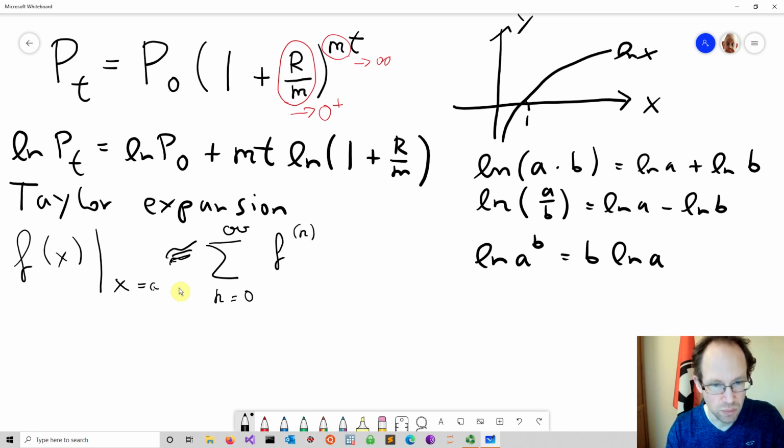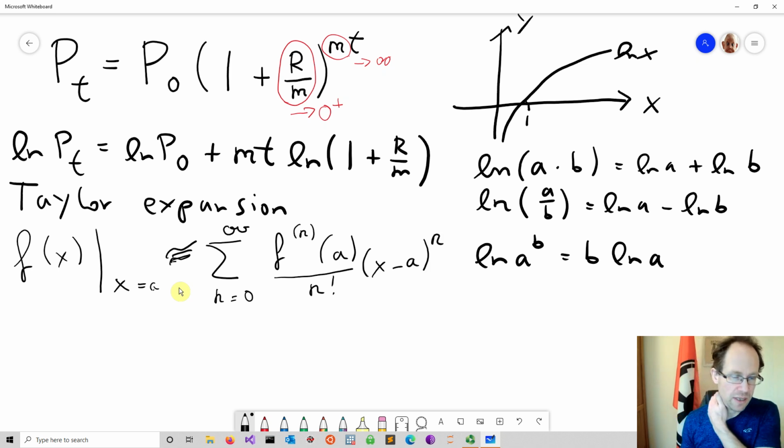Now this notation means I take the function f and I apply the first, second, third derivative, assessed at the value a, divided by n factorial, and then x minus a to the power of n. So that looks quite evil, but that's the Taylor expansion.